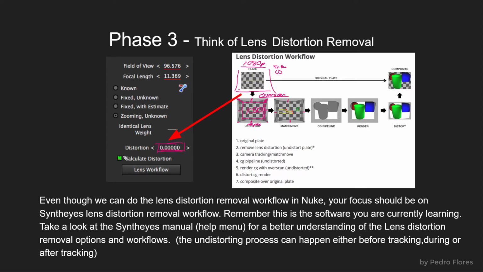By turning this little checkbox on when we solve, we allow the software to calculate the lens distortion as we are creating trackers and refining the solve. So throughout the matchmoving process, that lens distortion calculation keeps getting refined over and over again.